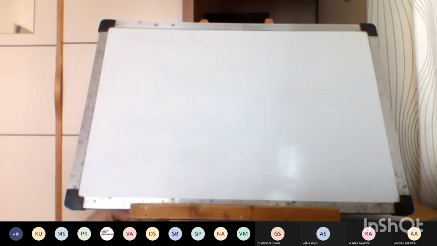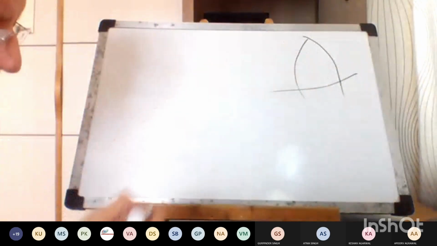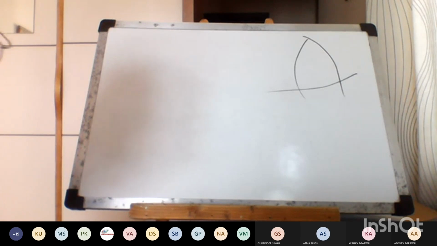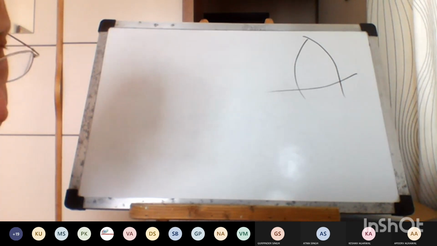So we have been talking about the spherical triangle for the past 2-3 days. When 3 great circles meet like this and they make a triangle, we call it a spherical triangle. It has 3 angles and 3 sides.